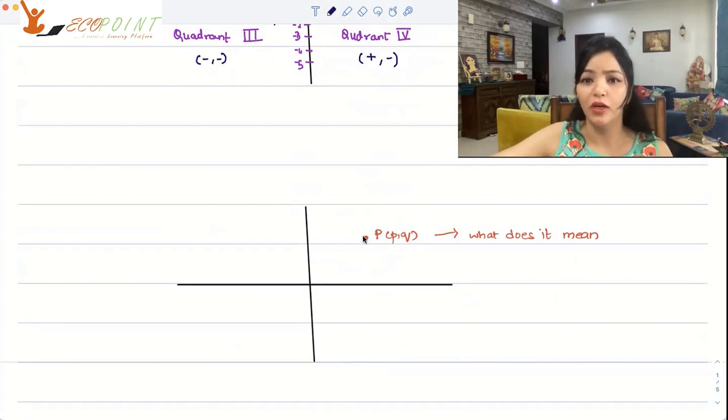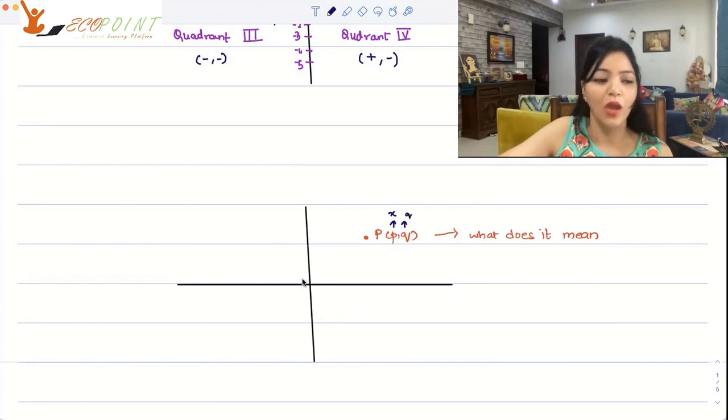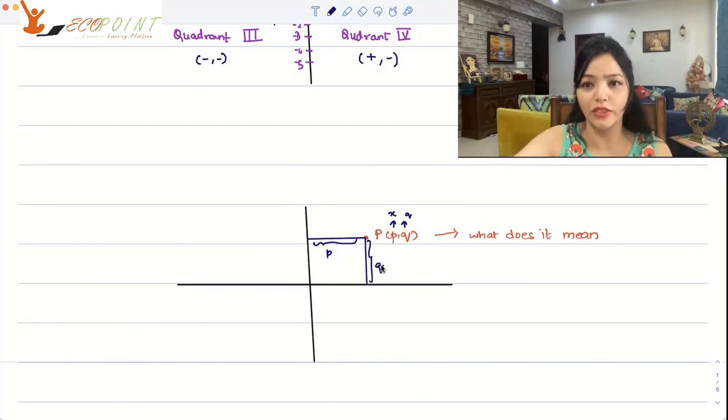So if I give you a coordinate plane like this, and I give you a point P, which is (P, Q), what does this point signify? This point signifies that the x-axis value is P and the y-axis value is Q, which essentially means that the horizontal length, which is your x-axis length, is P, and the vertical length, which is associated to y, is Q. That's what a point in the coordinate system on a Cartesian plane signifies.